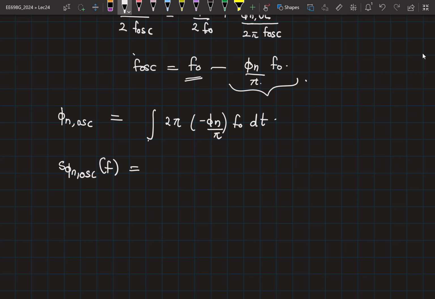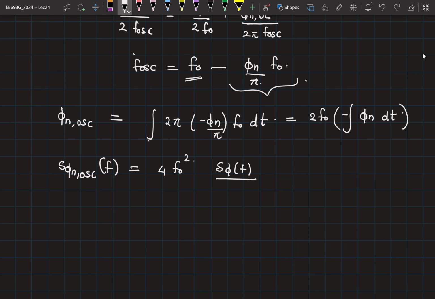Pi and pi get cancelled. Feel free to refer to your notes. Let me take all the constants out of the integration. So you'll have 2 F naught, then integral of phi n dt, and of course there is a minus sign. Minus sign will not matter when you take the PSD. So 2 F naught will become 4 times F naught square. Phi n will get replaced by S phi of F by S.